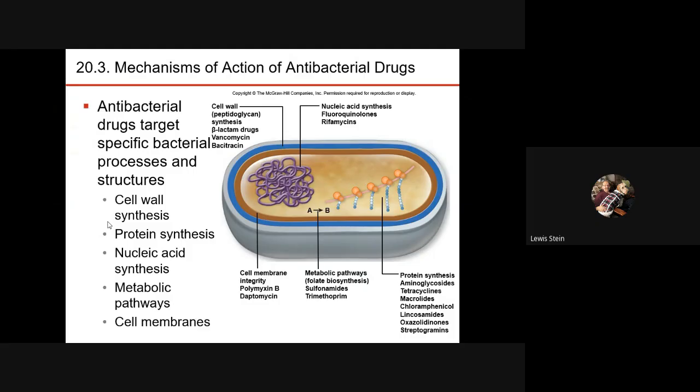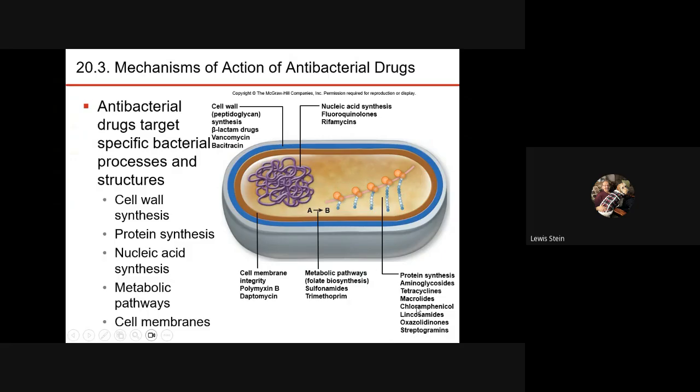This is an array, as we conclude this introductory material. This is where they are all working. We have targets in the cell wall itself. The vast majority, thankfully, of the ones you're going to have to know either attack the cell wall, no cell wall, it's unstable, it bursts, or they attack protein synthesis somewhere along ribosomes and how they work.